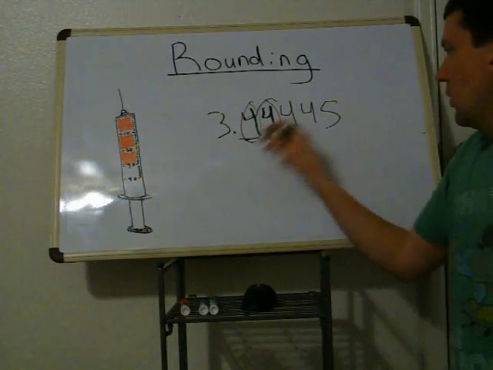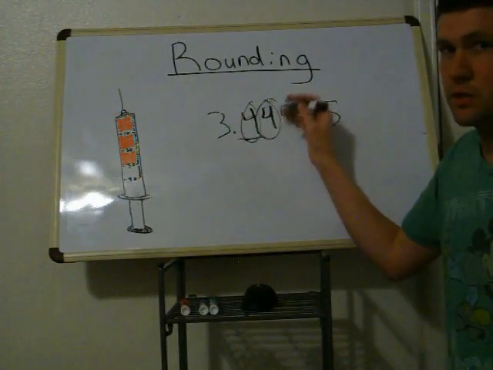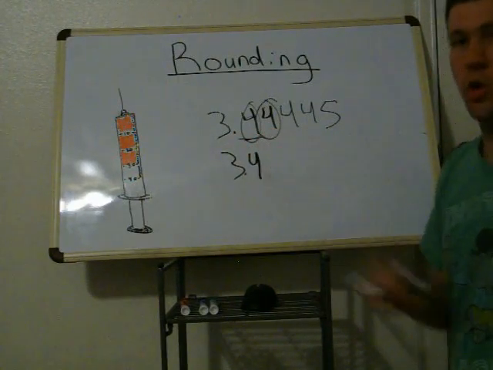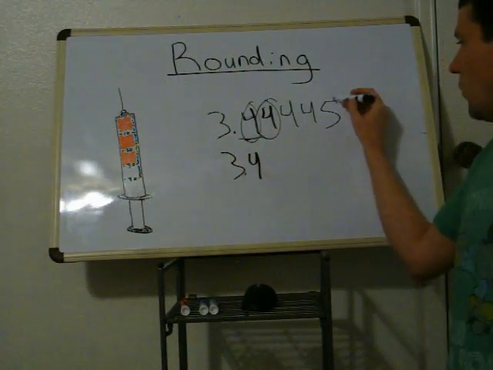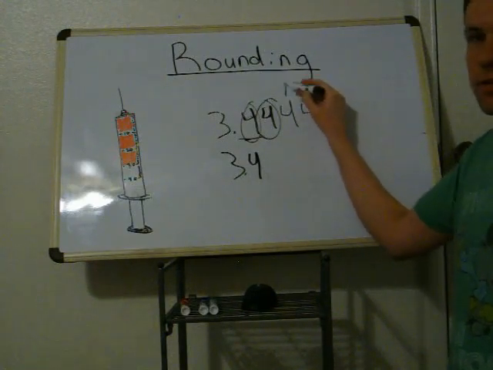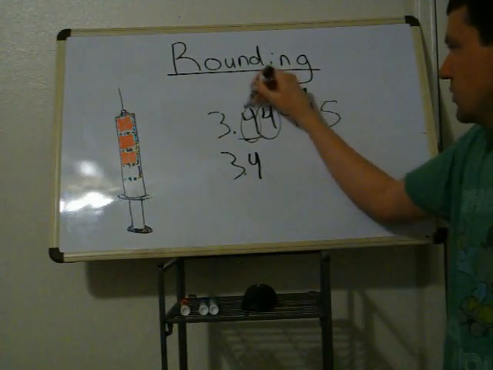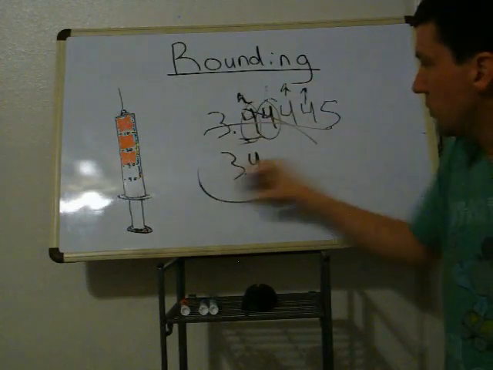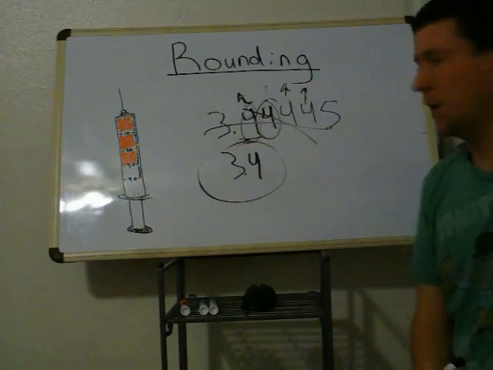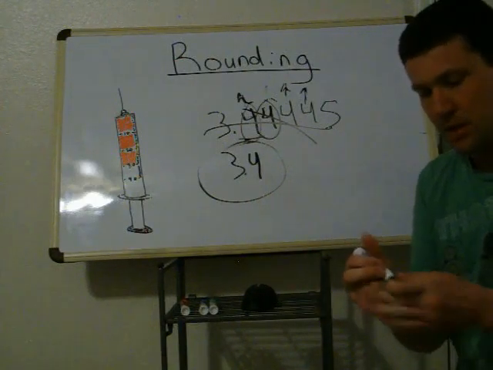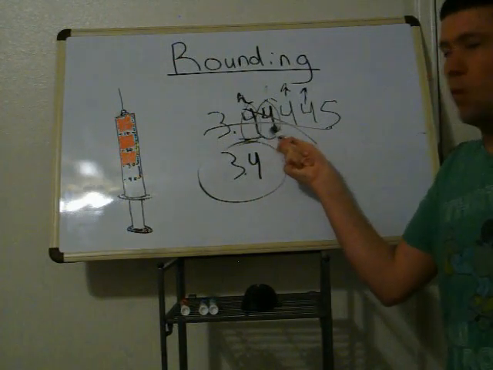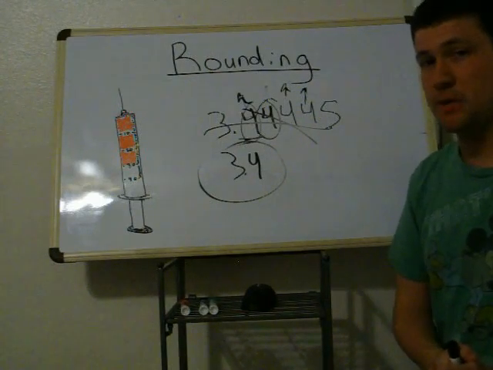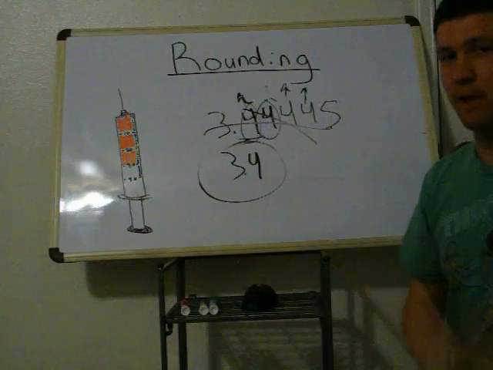The 4 doesn't round up, so it just rounds down, so the answer would be 3.4. You do not want to say this 4 rounds up to 5, which rounds this up to 5, and so on. No, that's no good. Our answer would be 3.4, not 3.5. Again, you just look at just the one decimal place over. Okay, that's rounding. Have fun with it.